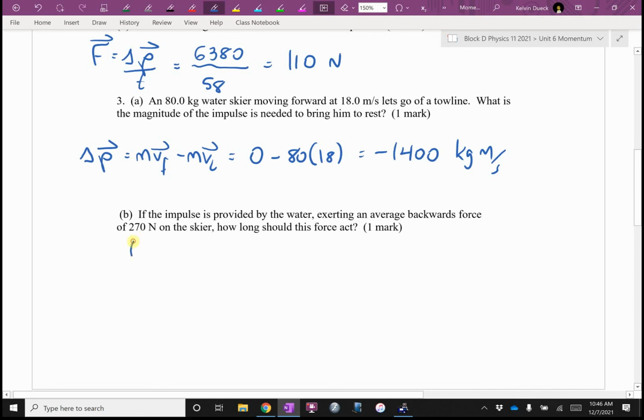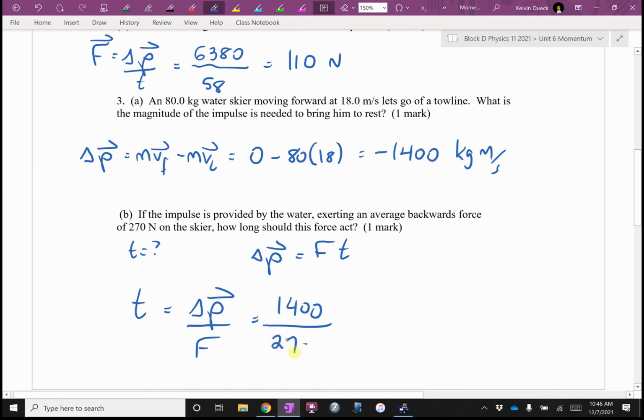B is asking me to find time. Well, you know what? If impulse is force times time, I guess time is impulse divided by force. I guess. It's going to be my answer from part A, 1,400 divided by 270.